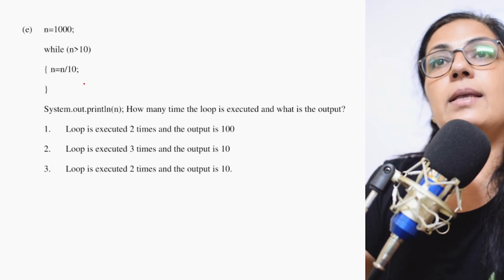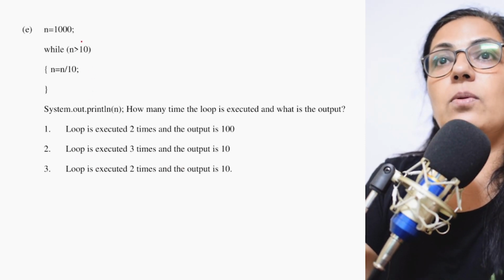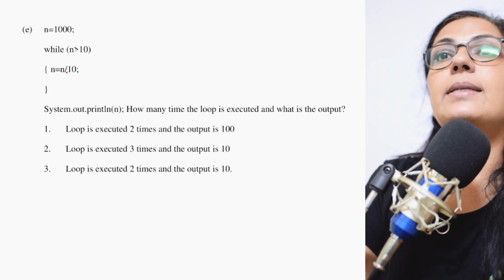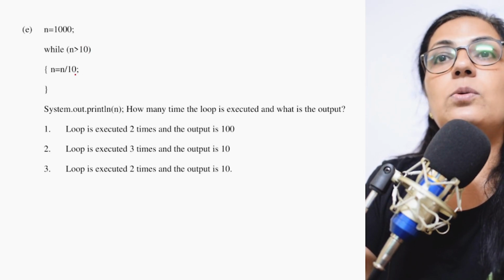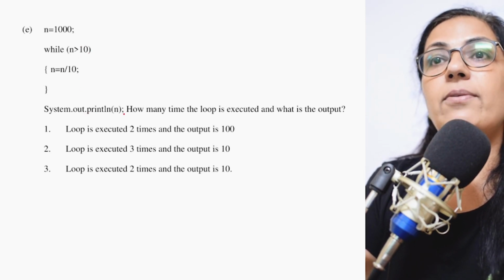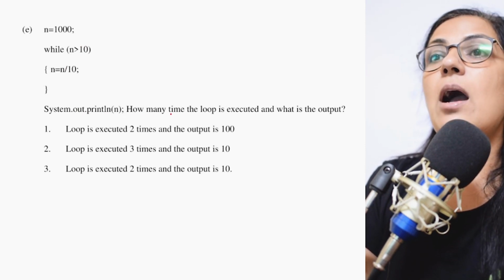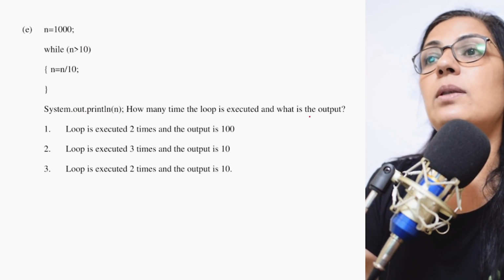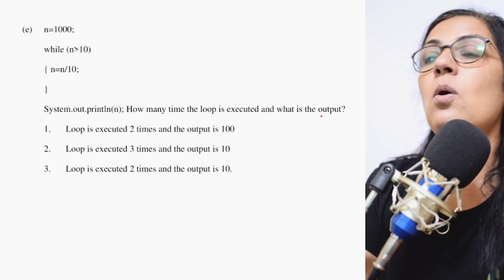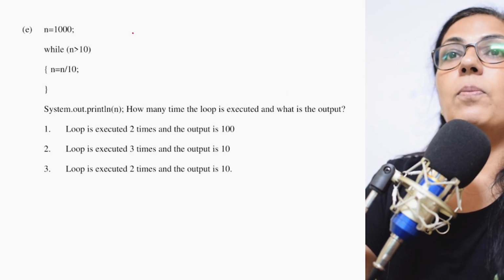Next question is n equals 1000, while n is greater than 10, n equals n slash 10. You have to print the value of n and how many times the loop is executed. What is the value of n? That is the output, right?